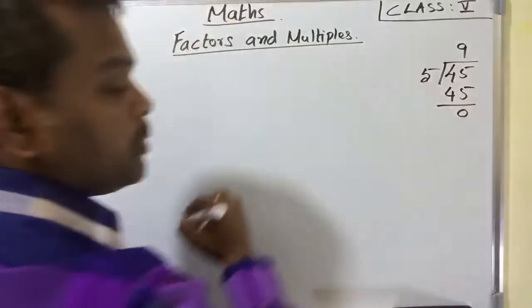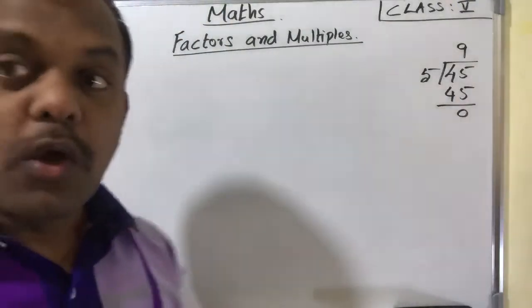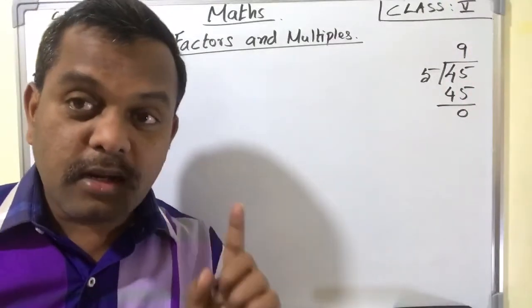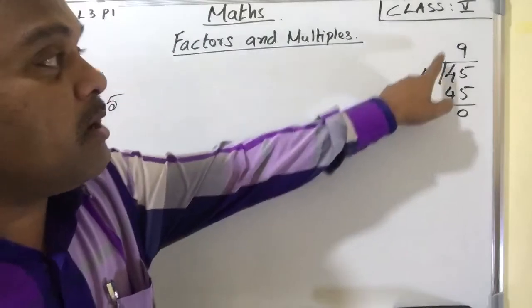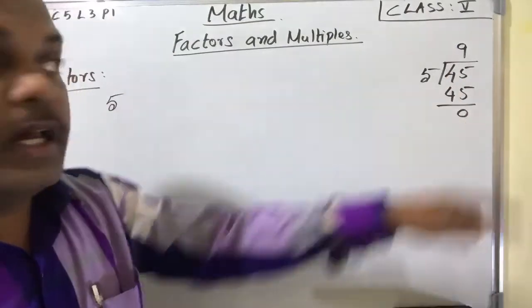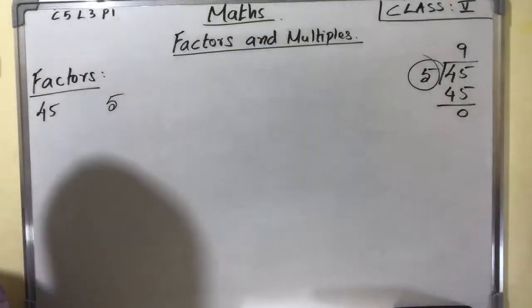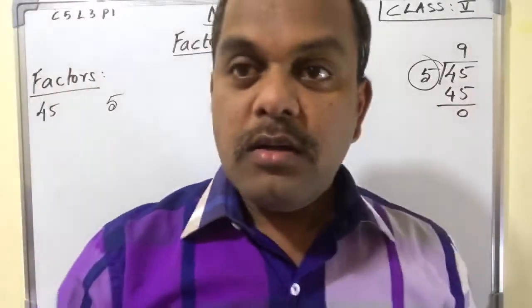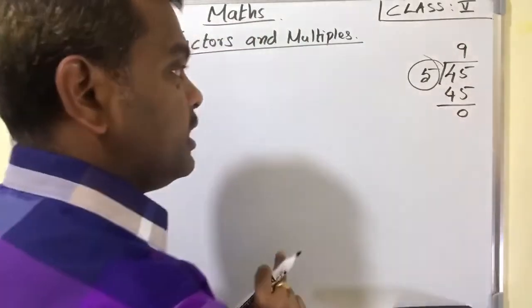Balance 0, no remainder. So 5 is a factor of 45. Understood?